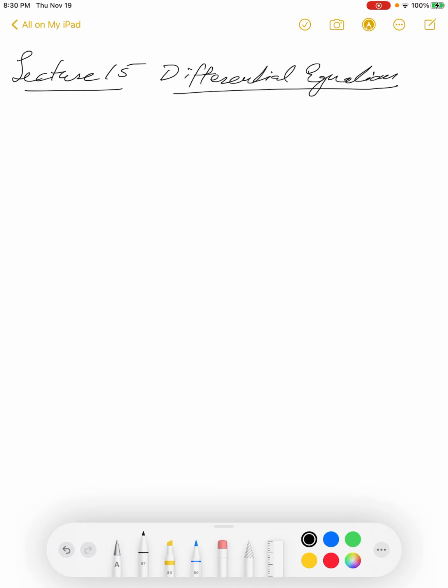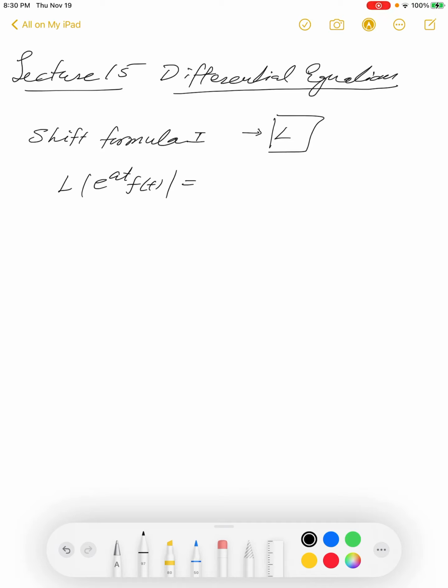We did already shift formula 1, which I will recall, which says that the Laplace transform of e to the at times f of t, if you multiply the function by e to the at and pass it through the box, meaning I'm thinking of L as a box, then what comes out is LF evaluated at s minus a.